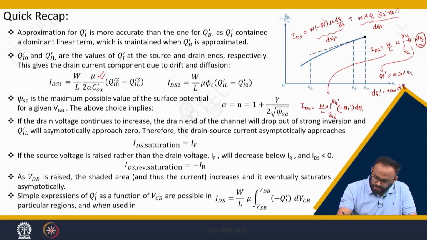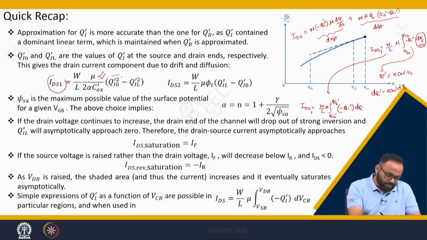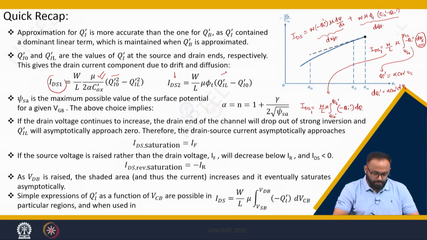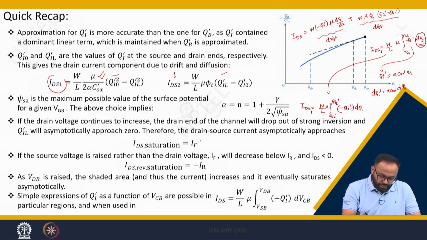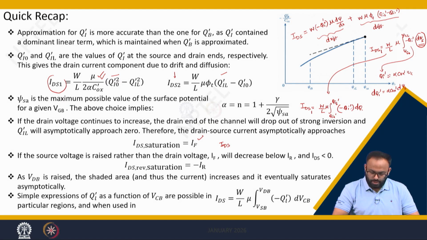So make sure this is I DS 1. We have said that the drift current is directly proportional to the square of inversion charge, and the diffusion current is linearly related with the inversion charge. We moved further and found that we can represent the drift current and the diffusion current, which is nothing but the total current, as a forward current or the forward saturation and the reverse saturation.